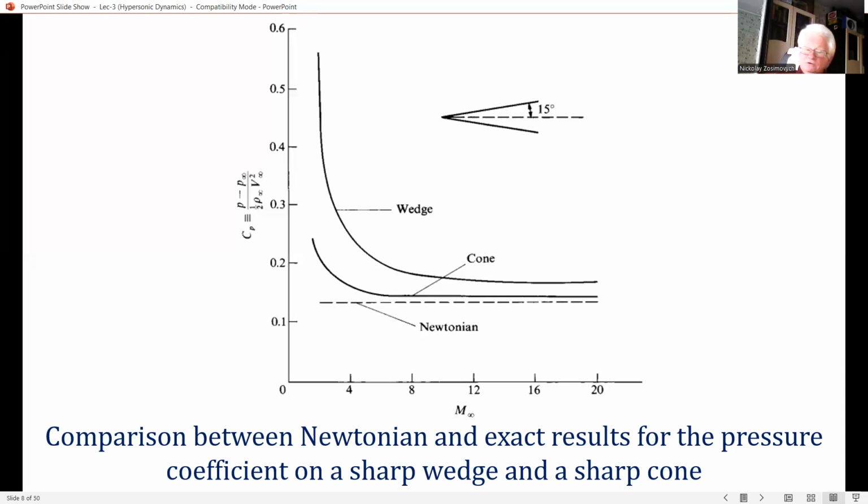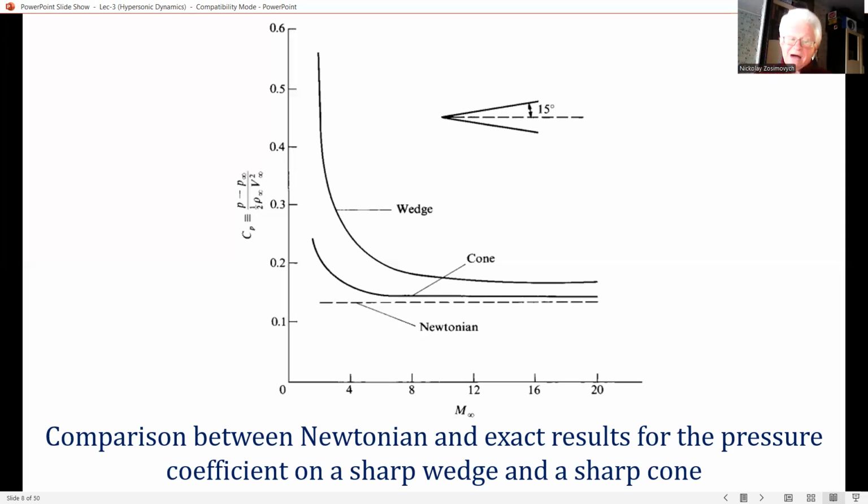However, at high values of Mach number, the pressure coefficient for each shape tends to seek a plateau, approaching a value that becomes rather independent of Mach number, namely at the very high value.